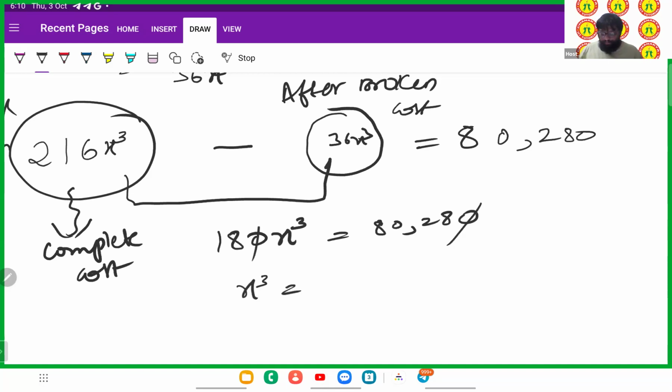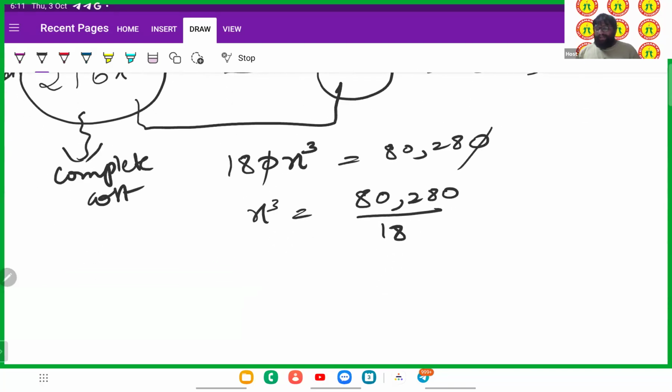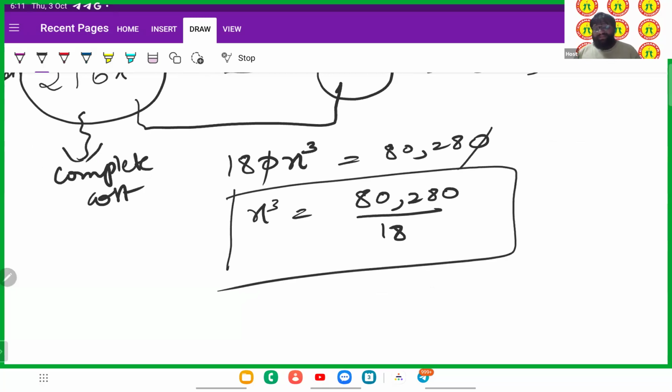X cube is equal to कितना आ रहा है x क्यूब कितना आ रहा है बोलिए भाई. कितना आ रहा है x क्यूब. Am I correct? Any confusion in this?